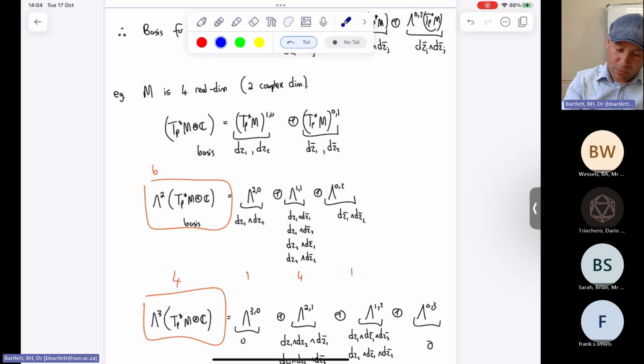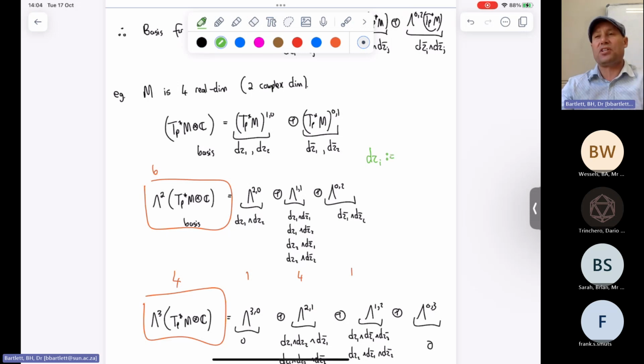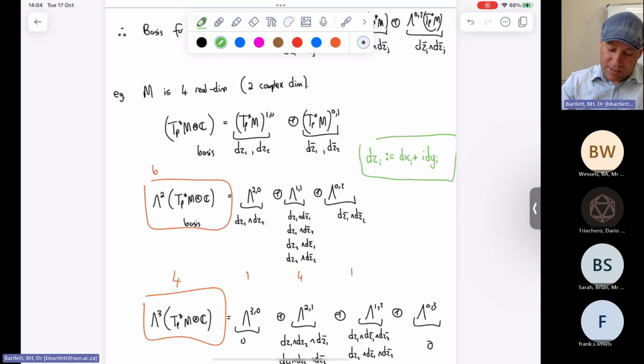So in other words, just to be clear here, what do I mean by dz_i on an almost complex manifold? I don't mean d of a function because there aren't necessarily holomorphic charts, right? I actually just mean dx plus i dy.